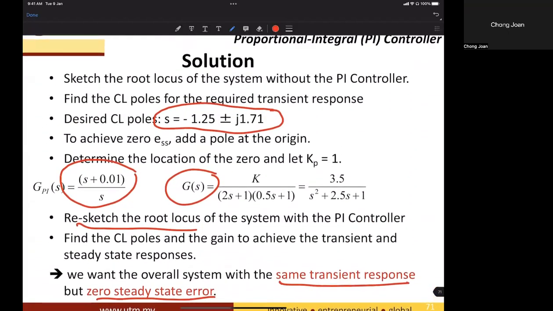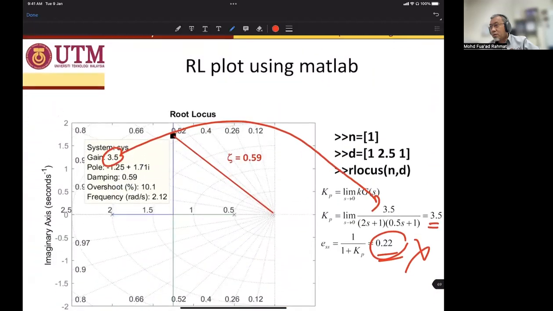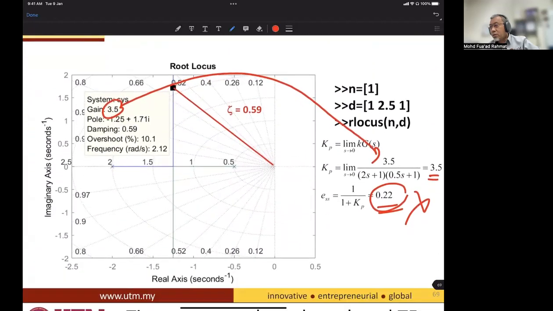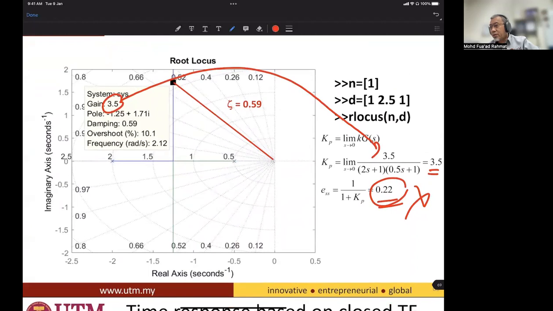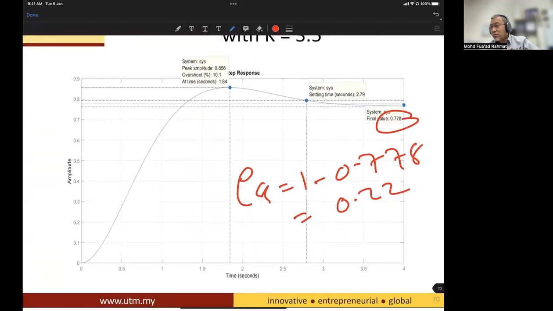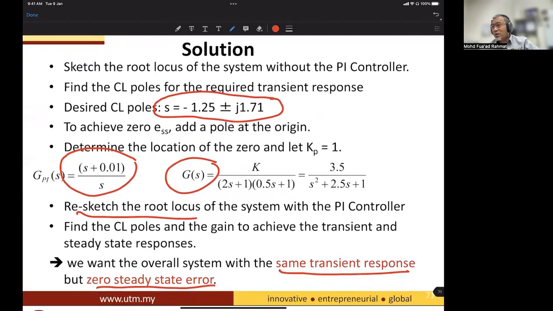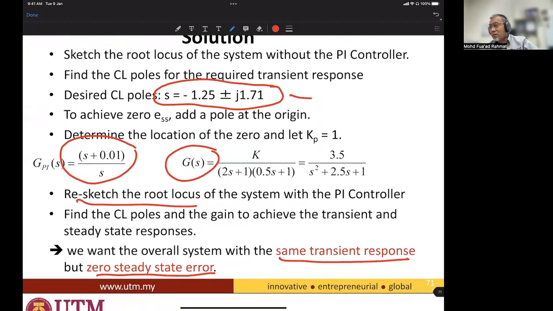I repeat again. Sketch the root locus. We plot it, and we have a steady state error of 0.22. Then we plot the time response before the PI controller, confirming the 0.22 error. Ivan said this is the dominant pole.